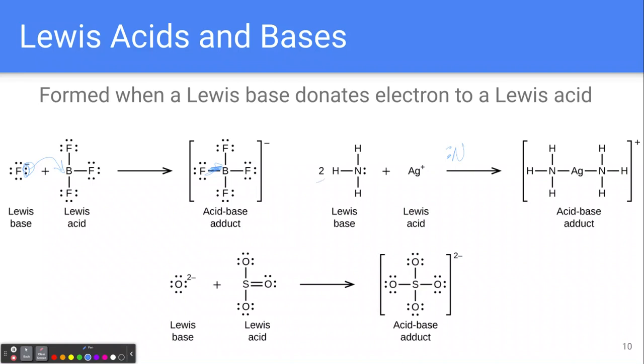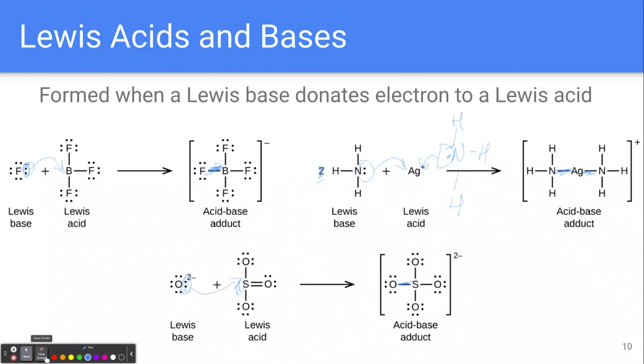That's what the two is telling us, that we have another one that's actually over here. And so now that I've drawn two, that lone pair will be donated, that lone pair will be donated, and so you get this bond here and that bond there. And the last one here, we're taking a lone pair of electrons and donating it to the sulfur here, and so we make this bond right there.